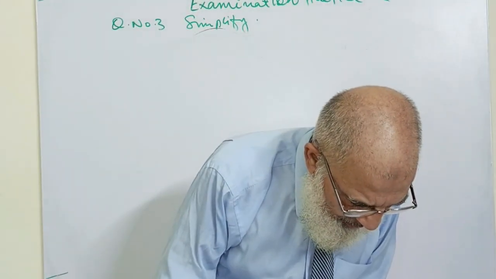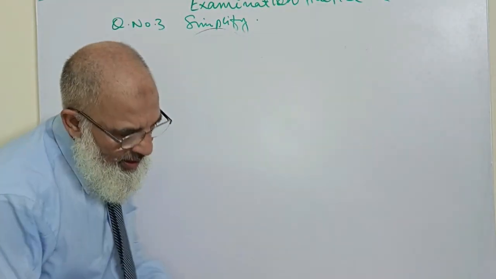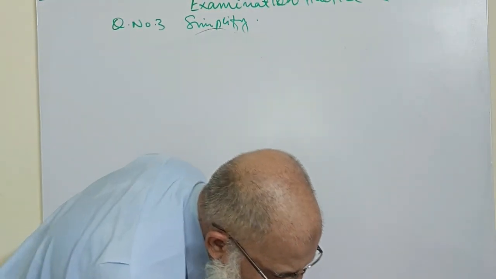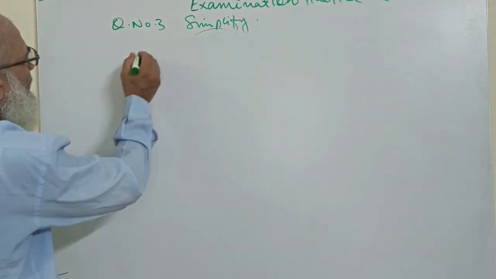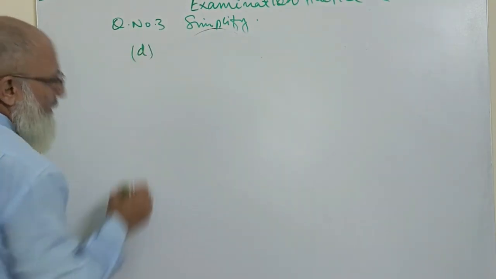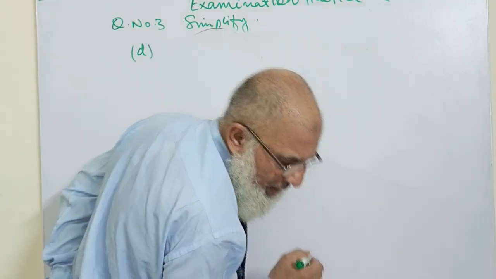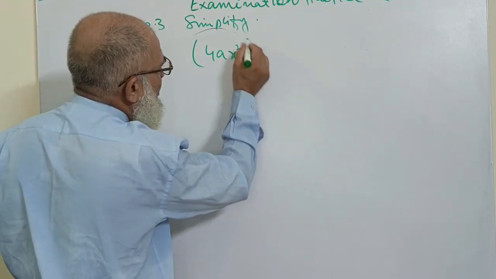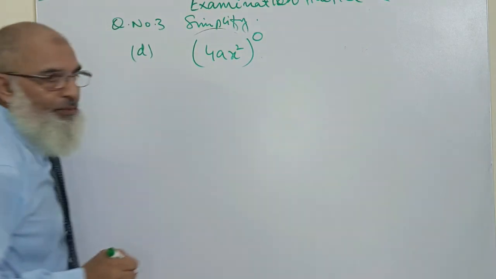Question number 3, part D. Part D says 4ax square raised to power 0. Very, very interesting part. 4ax square is raised to power 0.